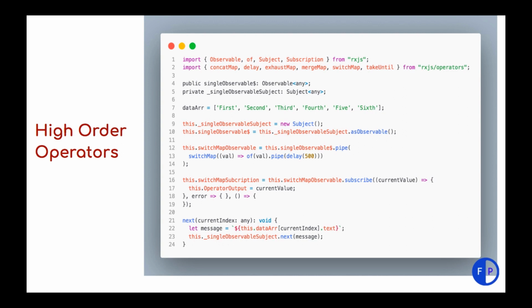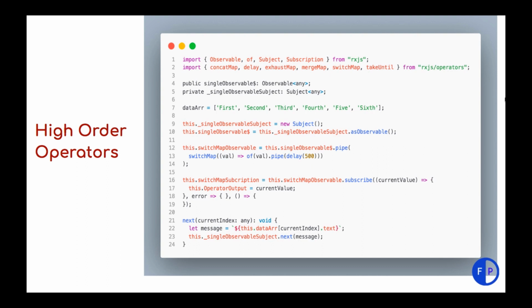Line number 1 is importing basic observable stuff, which is Observable, Subject, Subscription, and all those things. Line number 2 is where we are importing the higher order operators: concatMap, exhaustMap, mergeMap, and switchMap. Line number 4 and 5 are nothing but declaring variables, whereas line number 7 is the data array which is being displayed on the screen.